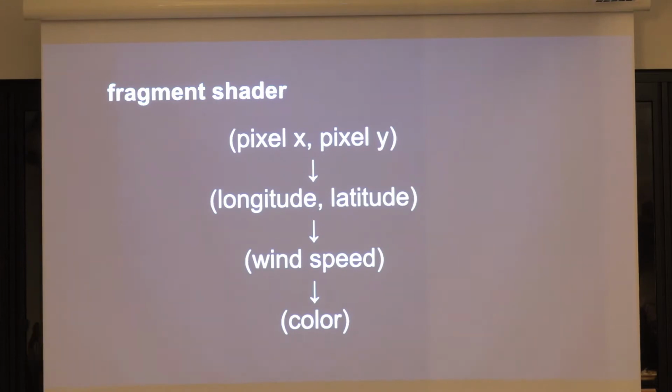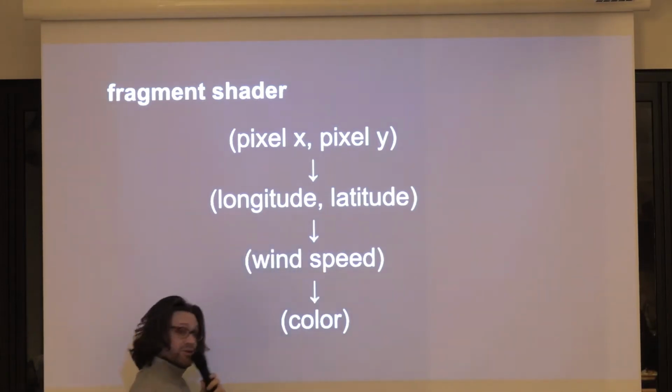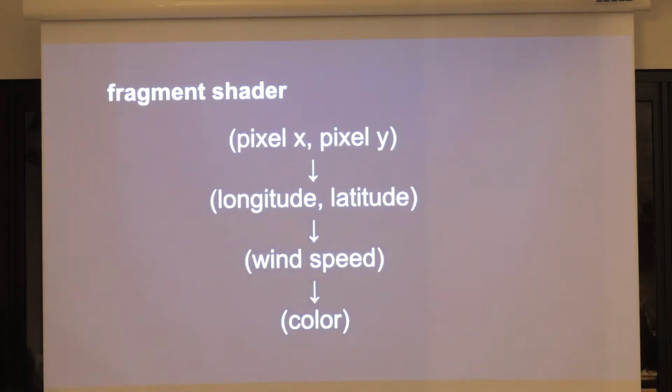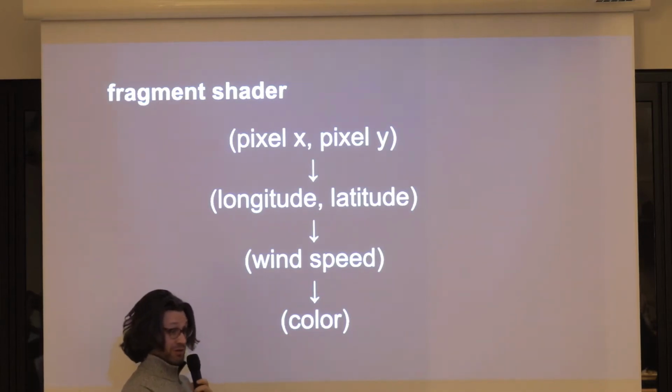Okay, so for the wind map, for every pixel, figure out what latitude and longitude that represents. Go look up the wind speed for that latitude and longitude, and then map it to a color.